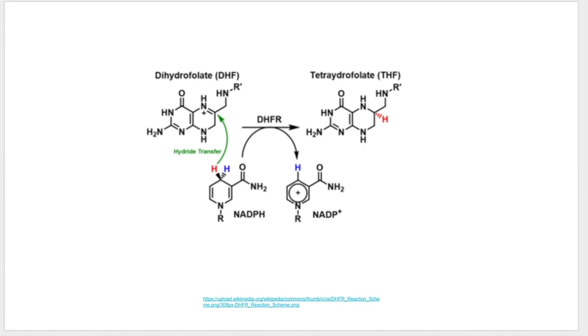Tetrahydrofolate is what is needed to synthesize nucleic acids, and here you can see where this hydrogen atom attaches to the tetrahydrofolate from the NADPH, which results in an oxidized form, NAD+, and a reduced form of dihydrofolate, which is then tetrahydrofolate.